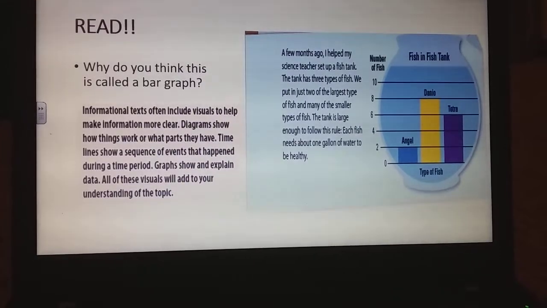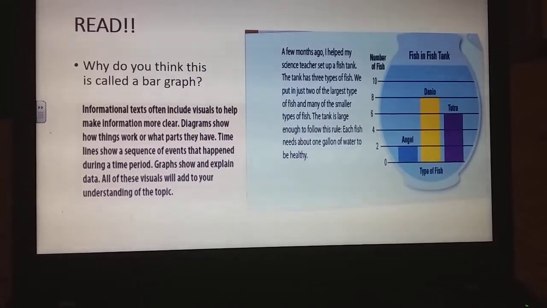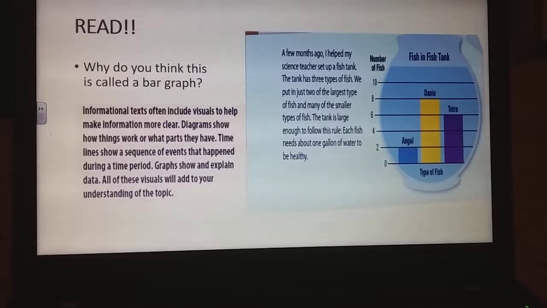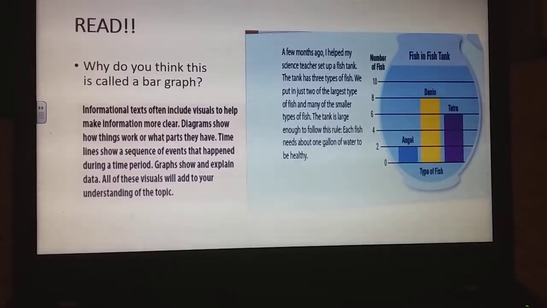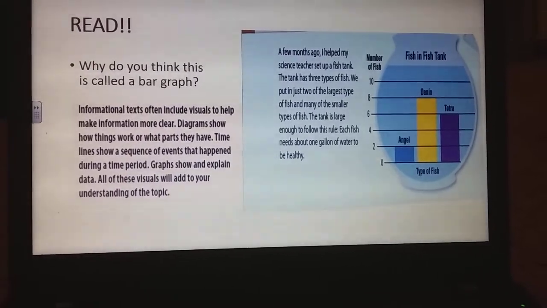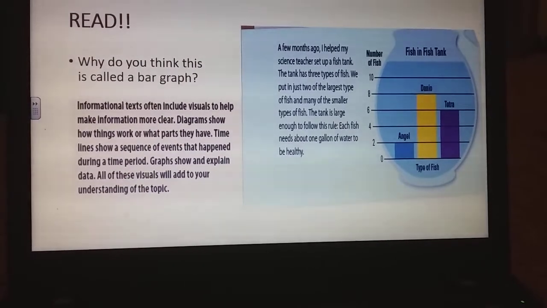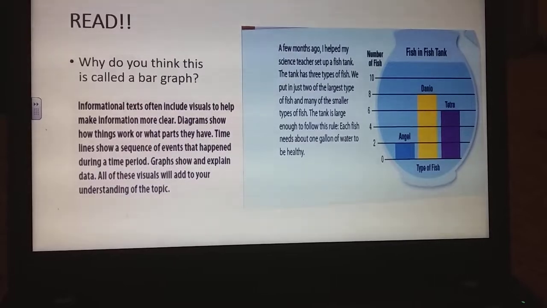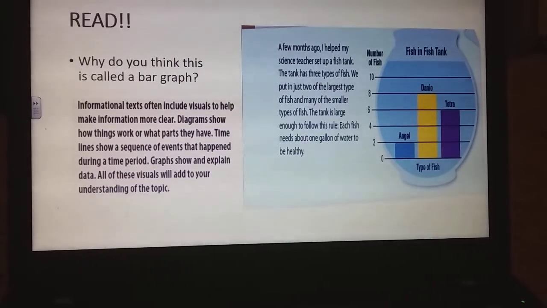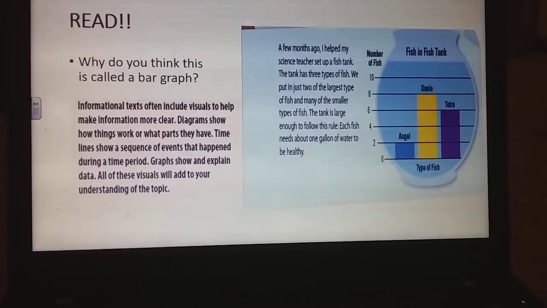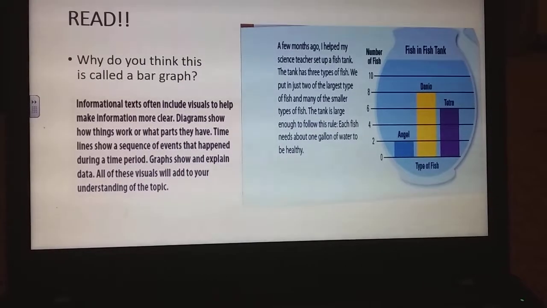So let's look at this. Let's look at all of the visual information first, okay? We have fish in a fish tank. Over to the side, you have number of fish. It has 10, 8, 6, 4, 2, and a 0. We already looked at the bars.